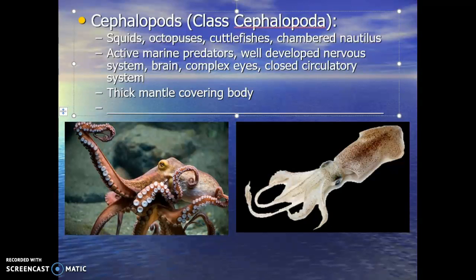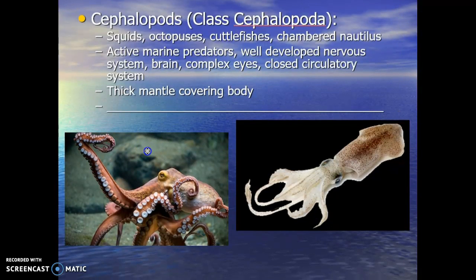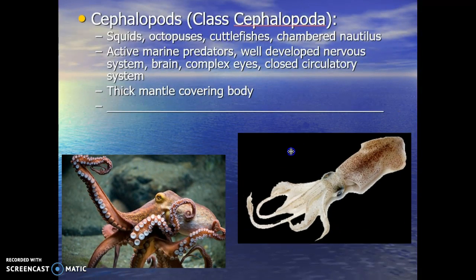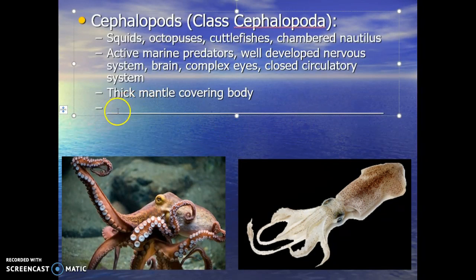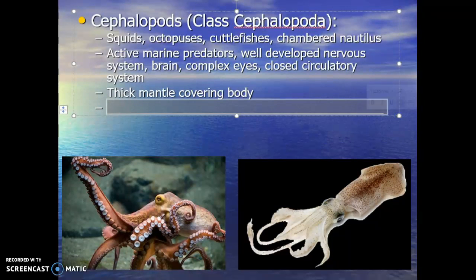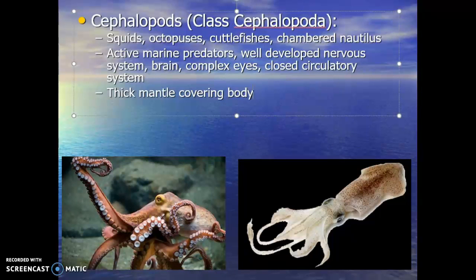The mantle on them is not a hard shell, but what it's evolved into is this thick, kind of leather-like structure that covers their body. So it gives them some protection, but they still do have somewhat of a soft, squishy body. They're not rigid and hard like the bivalves or the gastropods.